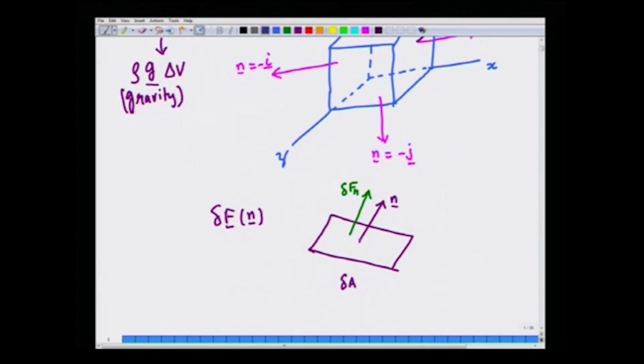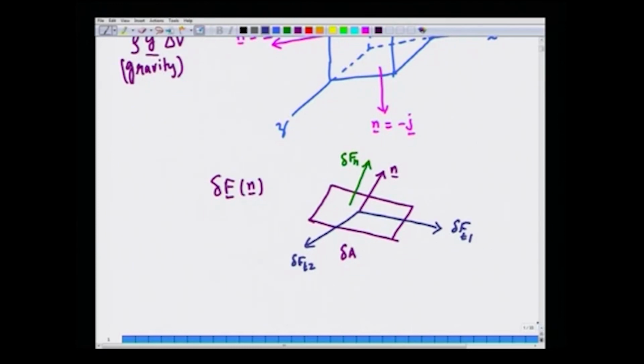So, in general you will have delta f t 1, delta f t 2 along the two tangential directions on the surface. Okay. So, the normal forces are predominantly due to pressure, because pressure acts purely normally, plus also due to the fact that there could be normal viscous stresses.